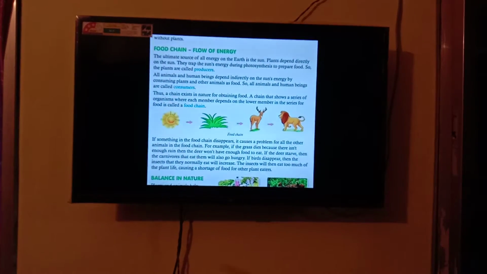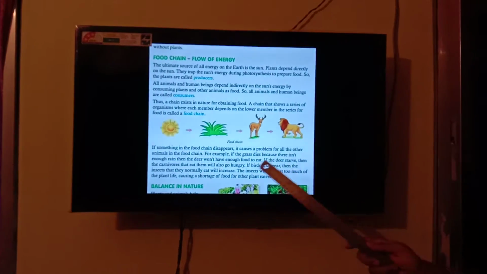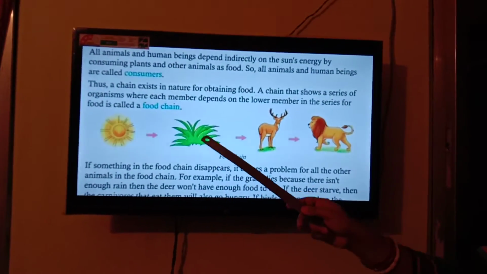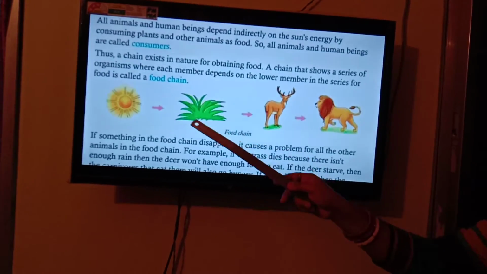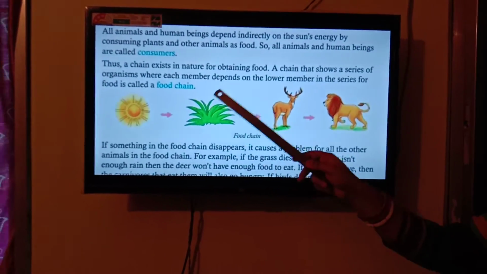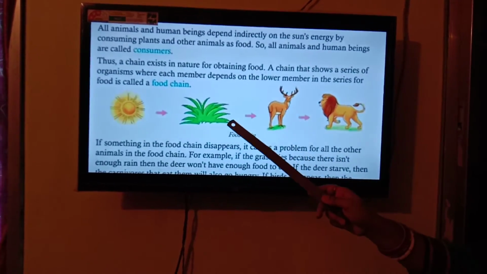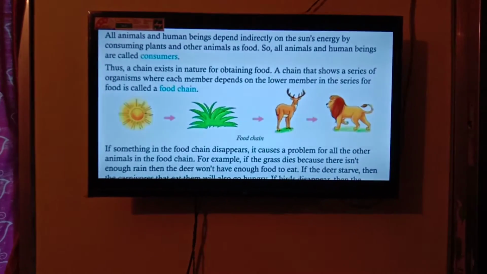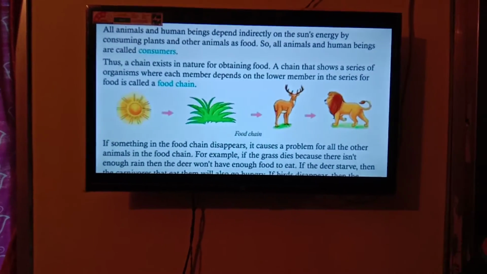Now students, look at the picture. This is a picture of the food chain. First one is sunlight. First the plant traps the sunlight, and the grasses grow. Then the deer eats the grasses, and the lion eats the deer. This is the total food chain.